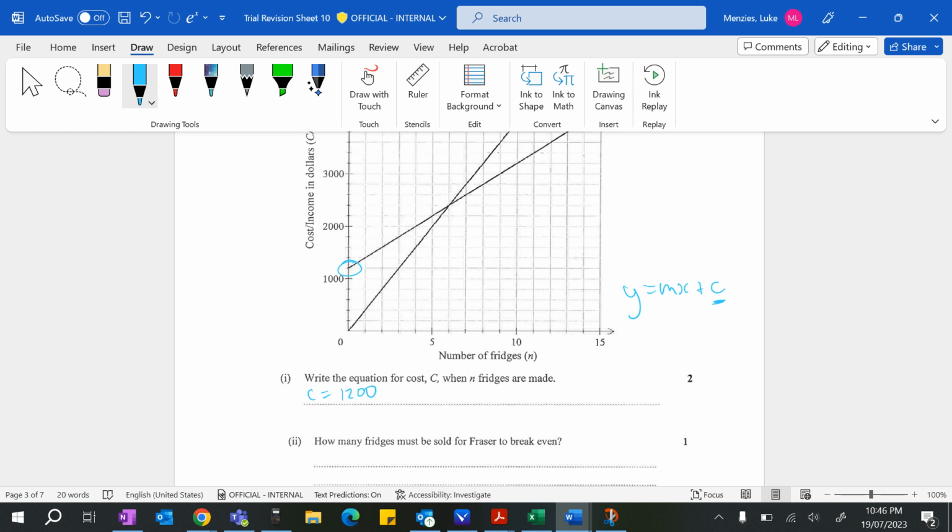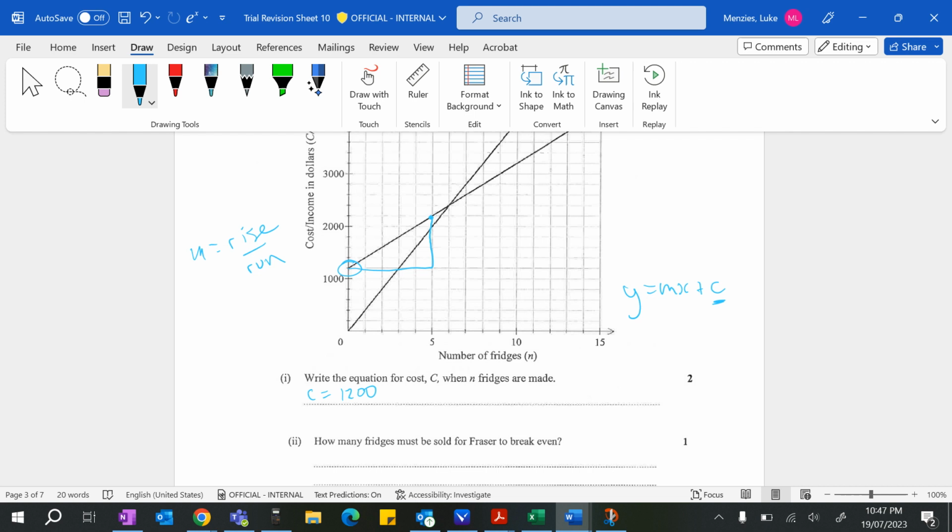And I've got to find the gradient. So I'm going to draw a triangle, and I'm going to draw it up to here. The reason I'm picking this point here is because I can see that it is on the corner of the grid. So I need to know my rise, so gradient m is rise over run.